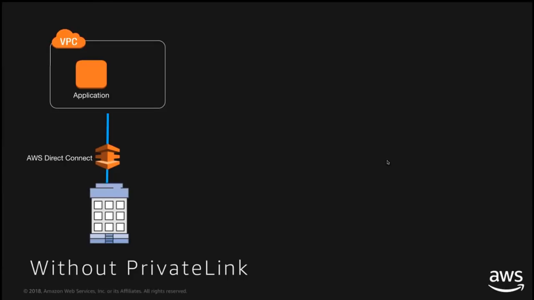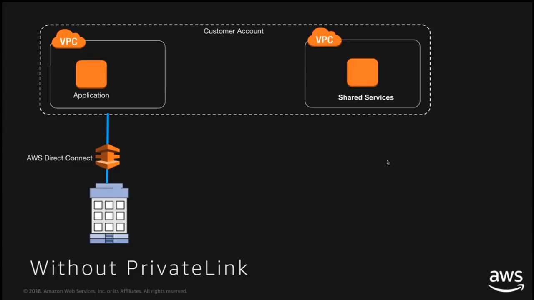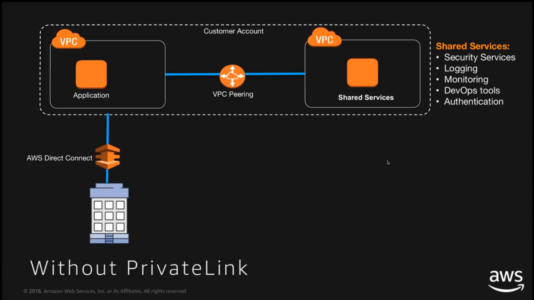All right, so let's take a look at some of the use cases for PrivateLink. Here, we've got the on-premises data center at the bottom. We're coming in over Direct Connect into a VPC where our applications are hosted. In that same account, we've got some shared services, and we've basically used VPC peering between these two VPCs. In the shared security services, we may have security, logging, monitoring, those kinds of things.